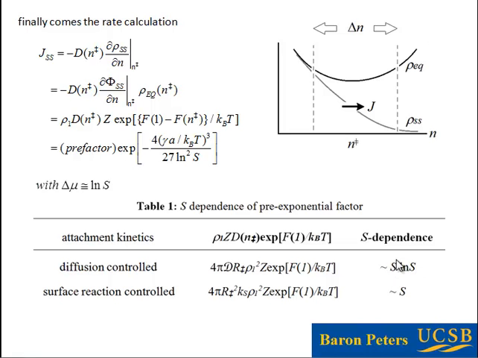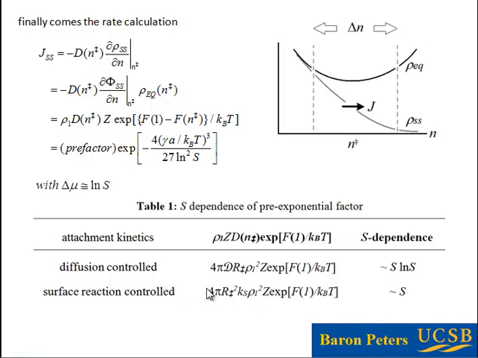Now this is in the prefactor. Because of the way the attachment kinetics depend on supersaturation, the prefactor comes out to be S times the log of the supersaturation. In the case of a zeolite nucleation problem, where you have to have a condensation reaction to bring a silicic acid unit in and attach it to a growing nucleus, that is going to be surface reaction controlled, and probably many other processes are also surface reaction controlled.